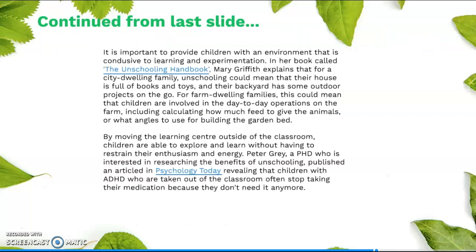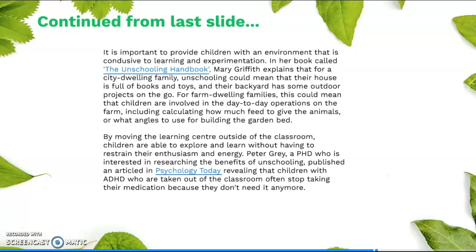It is important to provide children with an environment that is conducive to learning and experimentation. In her book, The Unschooling Handbook, Mary Griffith explains that for a city-dwelling family, unschooling could mean that their house is full of books and toys, and their backyard has some outdoor projects on the go. For farm-dwelling families, this could mean that children are involved in the day-to-day operations on the farm, including calculating how much feed to give the animals and what angles to use for building the garden bed.